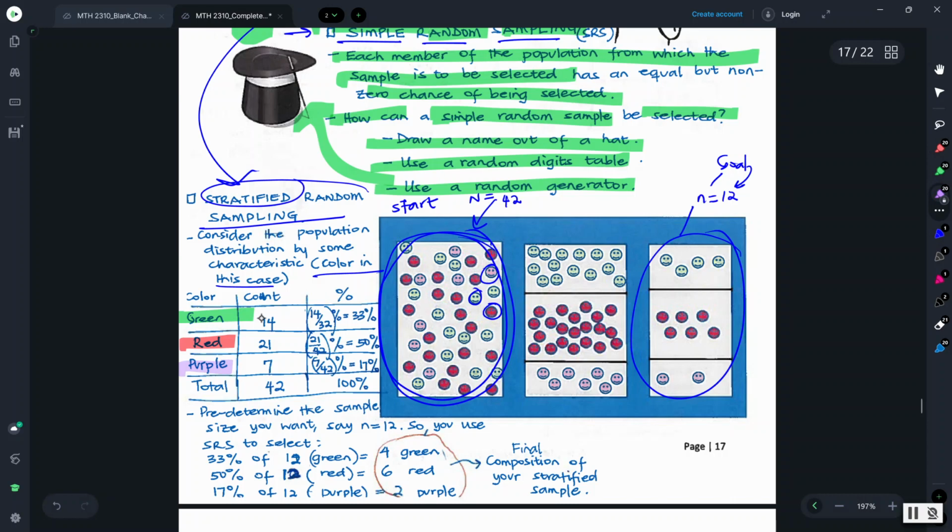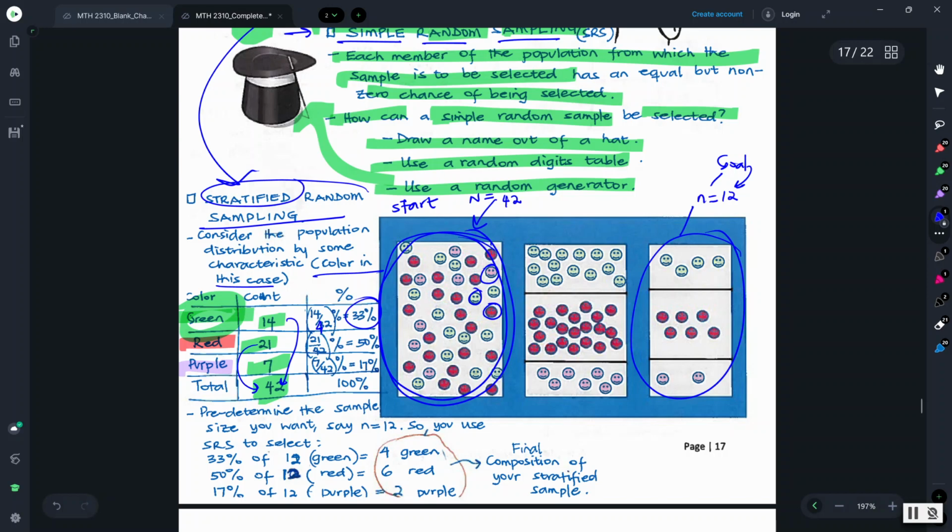So how many in total? We're going to count each of these numbers: 14, 21, and 7. And the total is 42. So what percentage of green do we have in the entire population? To calculate that, we'll say 14 divided by 42 times 100%, that gives approximately 33%.